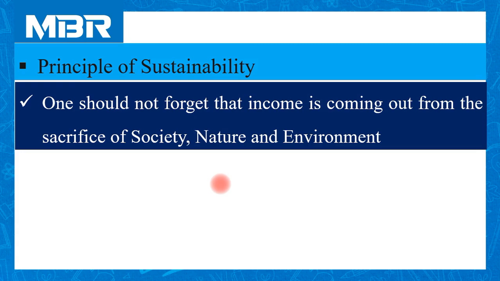Even if companies are working with utmost efficiency, if all other factors do not support, it is not possible for the company to survive. So the first principle is the principle of sustainability. If a company would like to sustain, they need all other stakeholders.